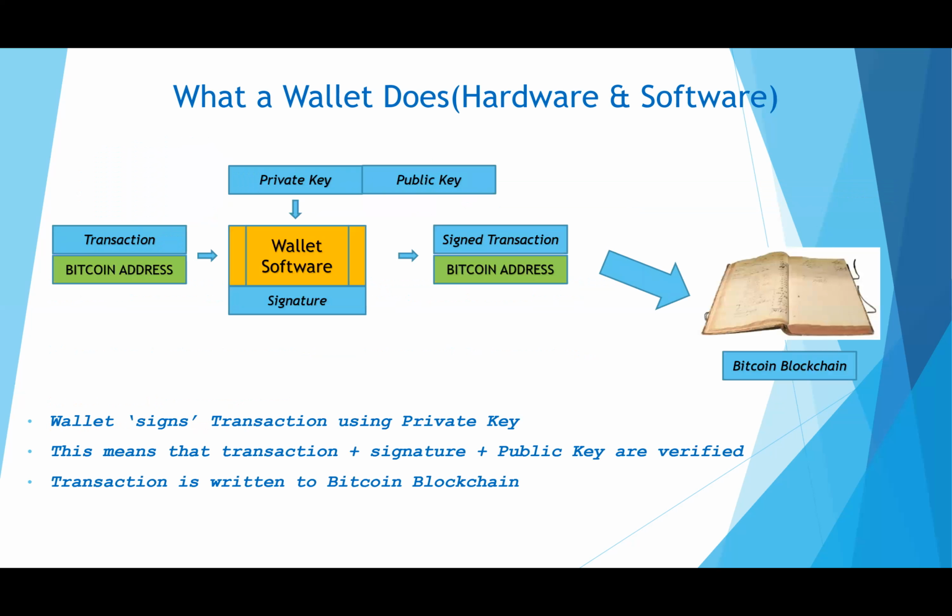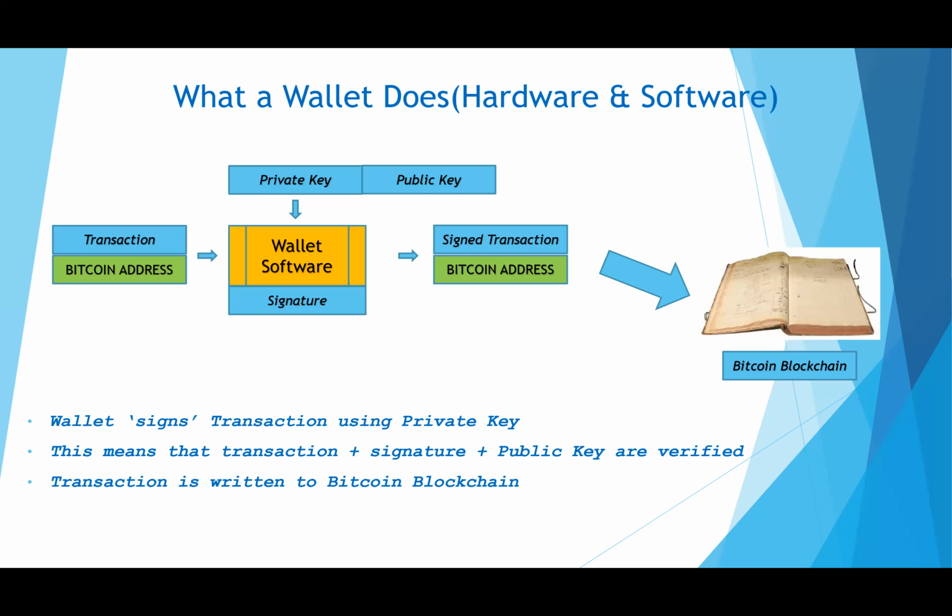So the next thing that a wallet does is that it takes any transaction. So say you want to sell some Bitcoin to somebody else, it takes your Bitcoin address, it applies again through cryptography a signature to that using your private key, and it generates what's called a signed transaction, which has got your Bitcoin address in it and a signature to prove that you are the owner of that private key.